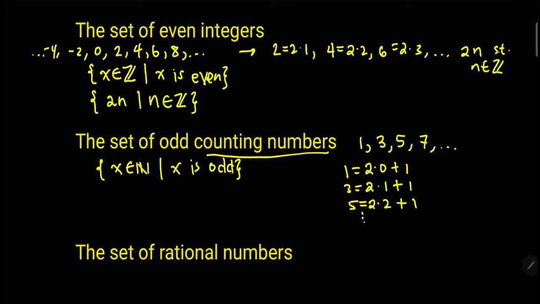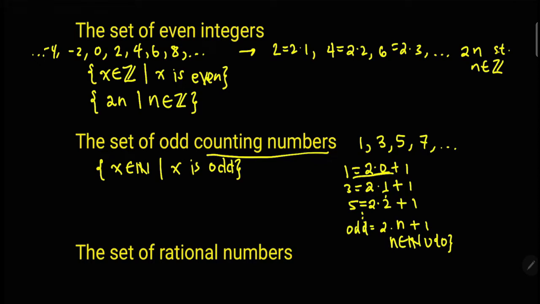So that means we can represent an odd number by the formula 2 times a natural number plus 1. But this representation, take note, does not include the number 1 if we are going to restrict n to be just the set of natural numbers, because the set of natural numbers starts at 1. So, how do we include the number 1? So, we must include the number 0 in our representation.